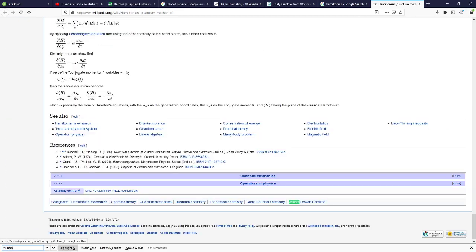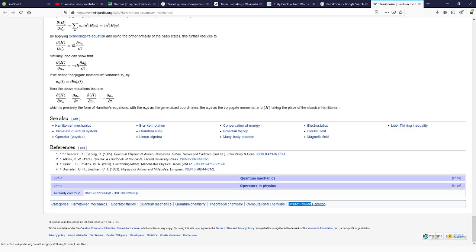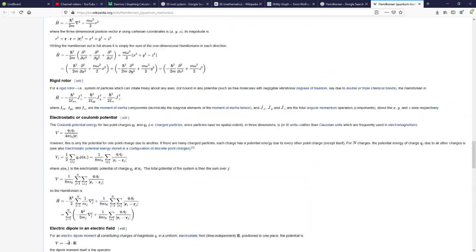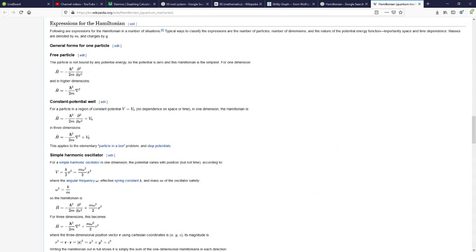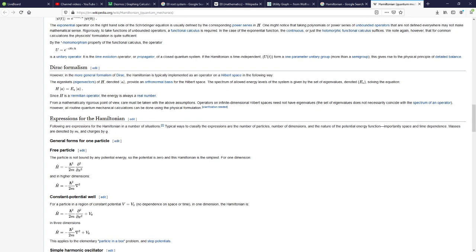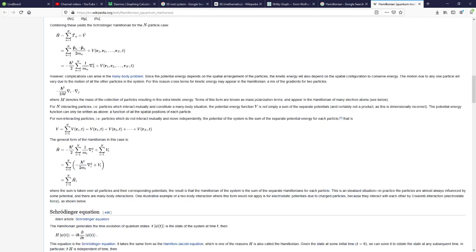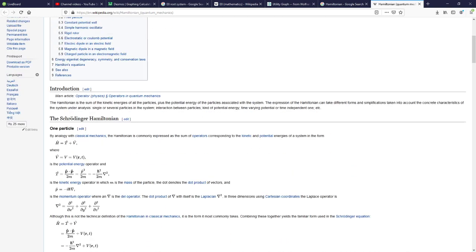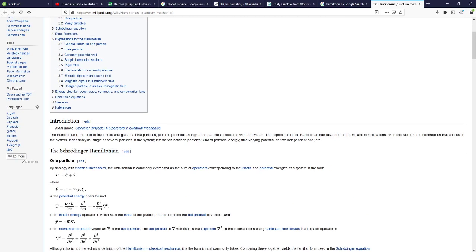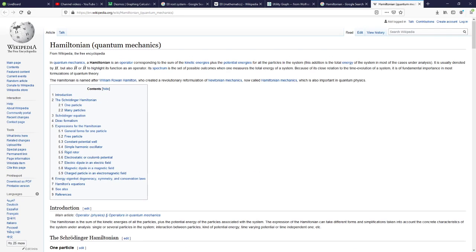I don't really know all the details. But yeah, if you've heard of the Hamiltonian in quantum mechanics, then that's also named after him.